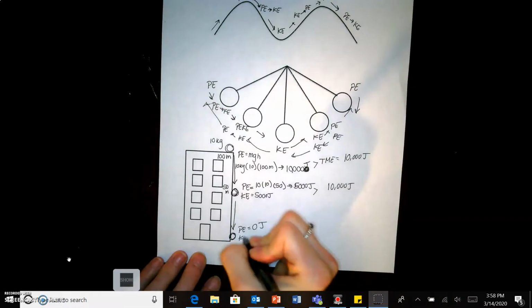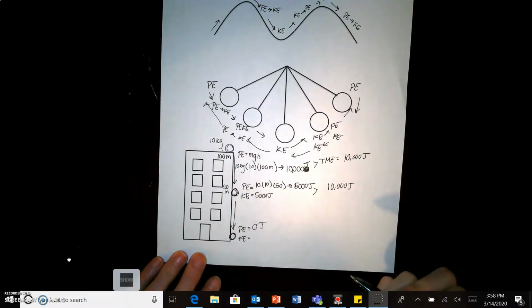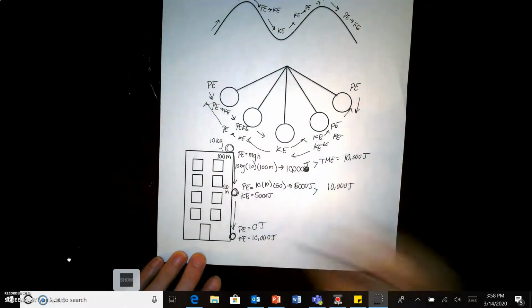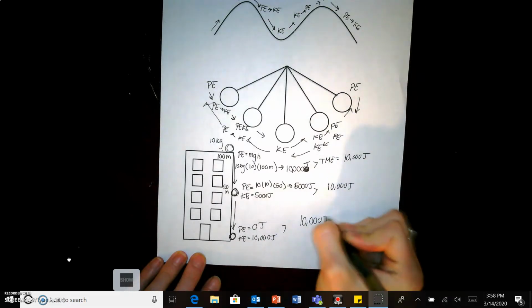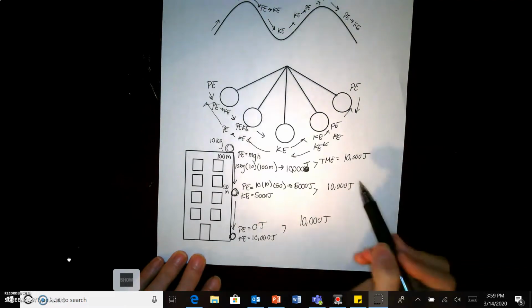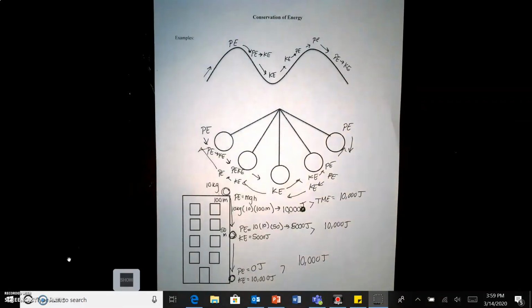And now looking at kinetic energy, because it had 10,000 joules of potential energy at the top, it's going to now have 10,000 joules of kinetic energy at the bottom. And again, if we add those up, we're left with 10,000 joules of total mechanical energy. So that is the law of conservation of energy, how it can be represented in multiple ways, and that is it.